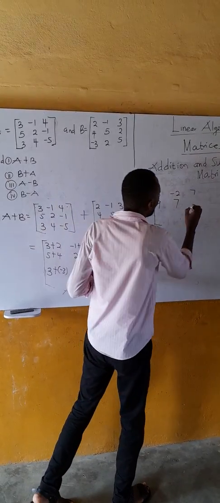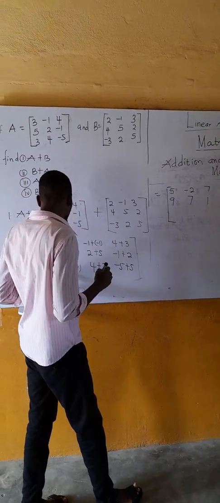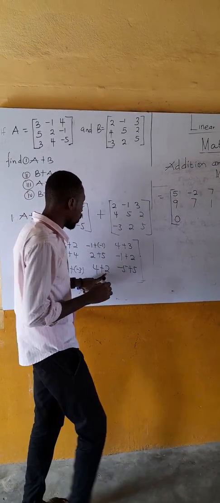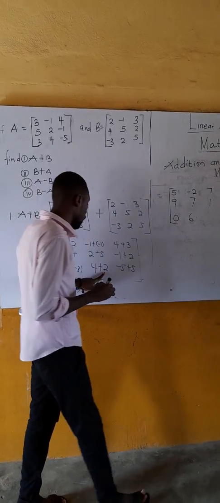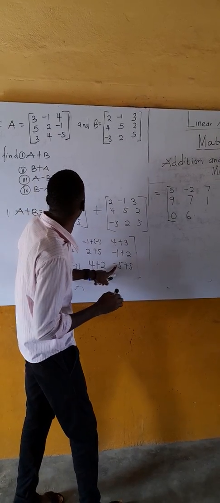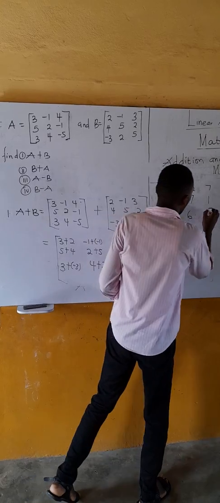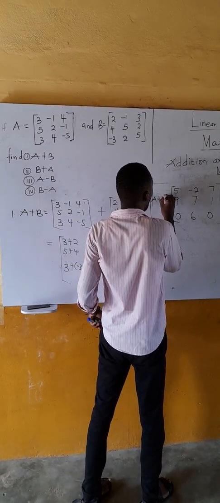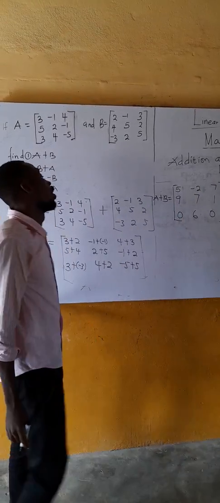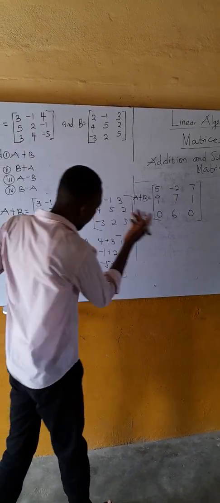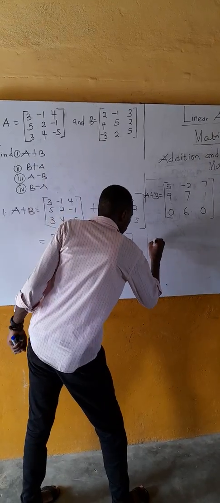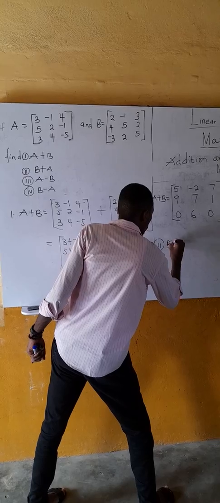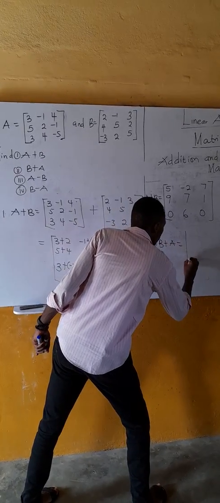Negative 1 plus 2 is 1. 3 plus negative 3 is 0. 4 plus 2 is 6. The negative 5 plus 5 is also 0. This becomes our A plus B. I hope you get that. It's very simple. Now let's find the second one, which is B plus A, and see what we get.